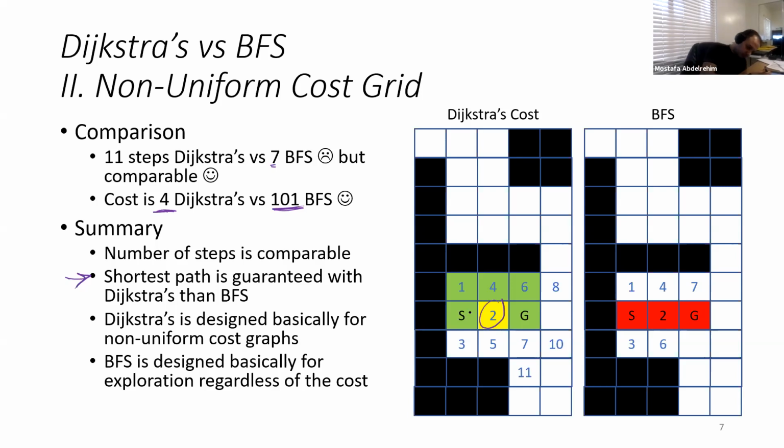So the shortest path was that way. So let's see. I think I have this example here in my coding. I just forgot for some reason. So let me check with you very quick if I have it.